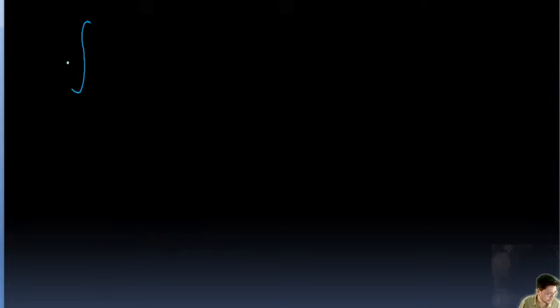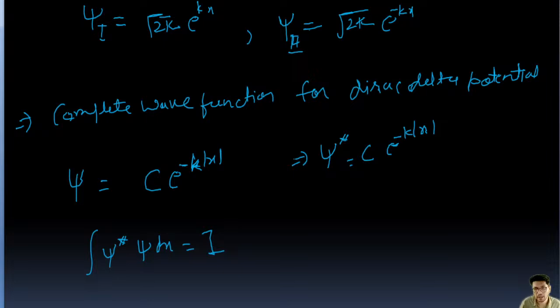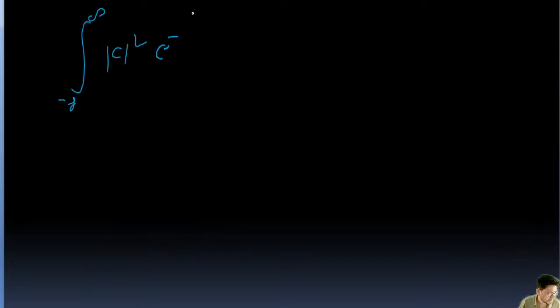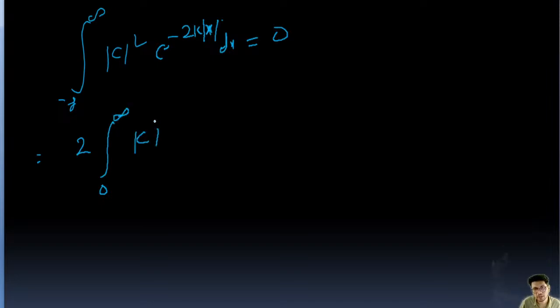It is going to be the integration from minus infinity to plus infinity of mod c square e to the power minus 2k mod x dx equal to 1.